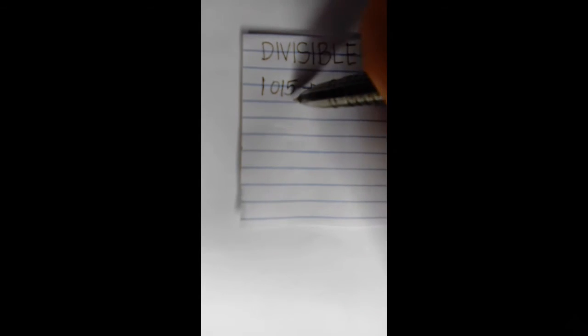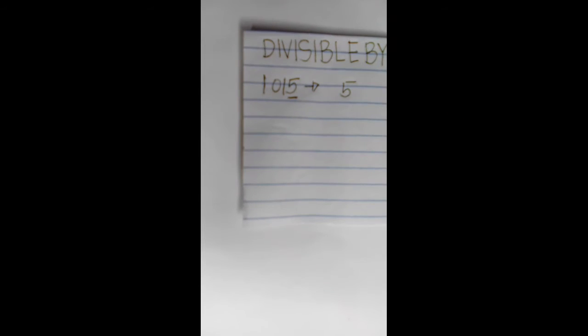It states here that it is divisible by 5 if it ends with 0 or 5. Now, the number ends with 5, so this is divisible by 5. Let's try dividing it. 1,015 divided by 5, and the answer is 203.